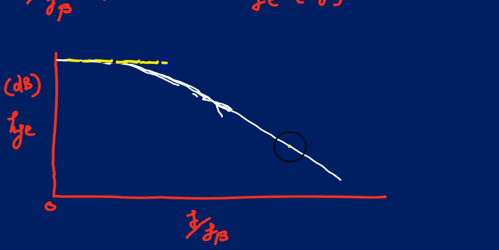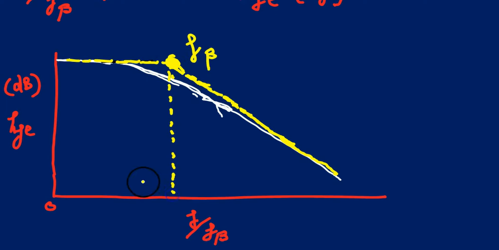So if we produce it like this, this is the asymptote, and this point is very important. This is F beta. Here it is 1, meaning F upon F beta equals 1, meaning the frequency is equal to F beta.